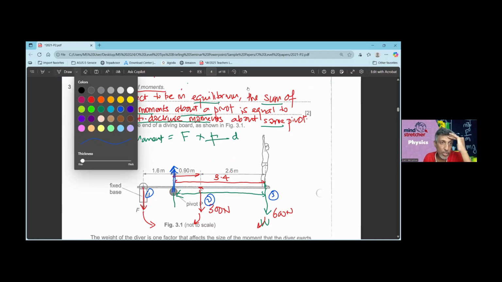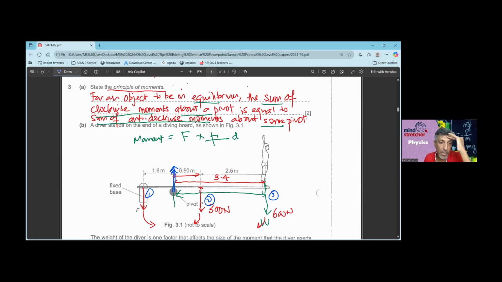But there's another condition that you need to satisfy. If the object is in equilibrium, the net force must be 0. If this beam is in equilibrium, you see all the forces here are all acting down, right? 600 Newton, 300 Newton, and you just found this to be 1440 using the condition of equilibrium.